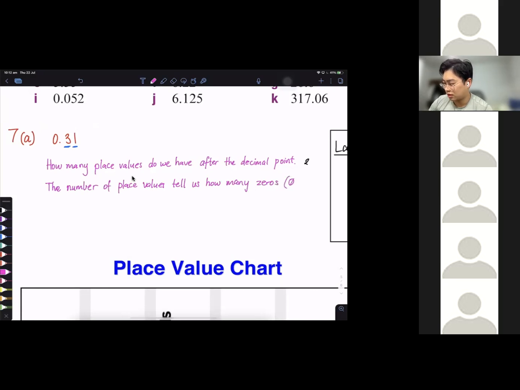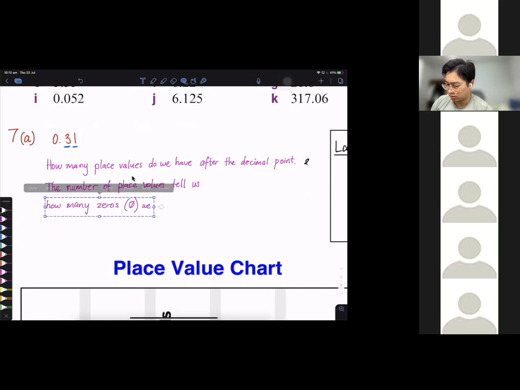I'll just put in a bracket here, zeros we need. So this tells us we need 2 zeros.